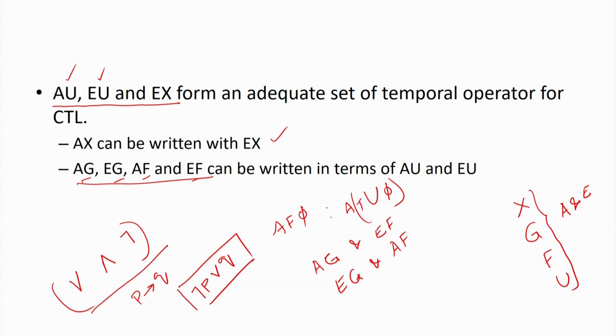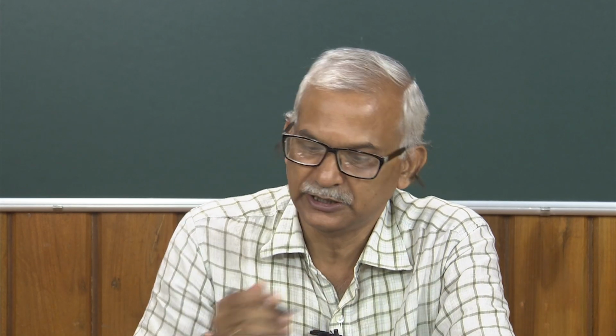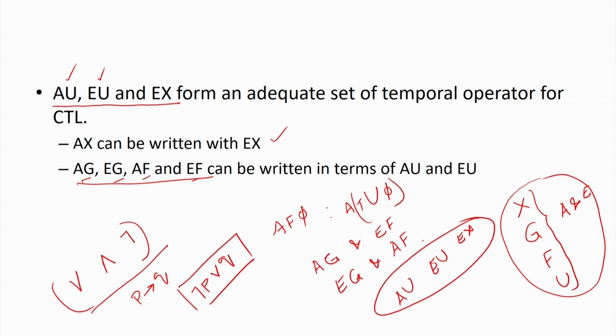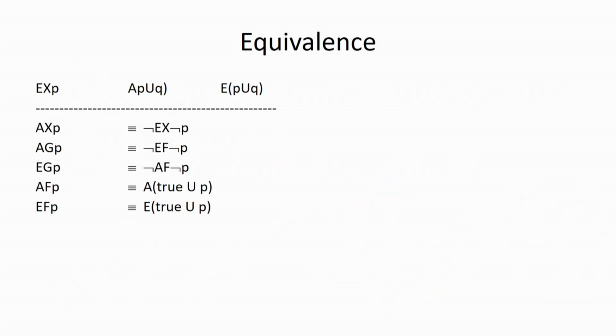So, similarly, here also we have observed that we can have an adequate set of temporal operators in case of CTL. With the help of those adequate sets of operators, other operators can be expressed. We are talking about 8 different operators in CTL, but out of them 3 are adequate. One particular adequate set we are talking about is AU, EU and EX. But this is not the only adequate set of operators, we can get some other adequate sets of operators, but for that we need one more equivalent formula.